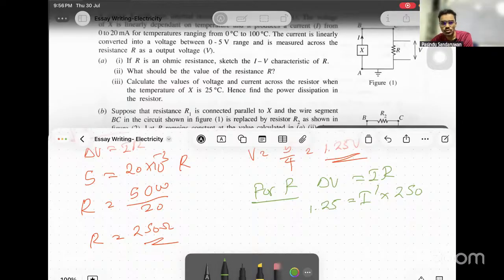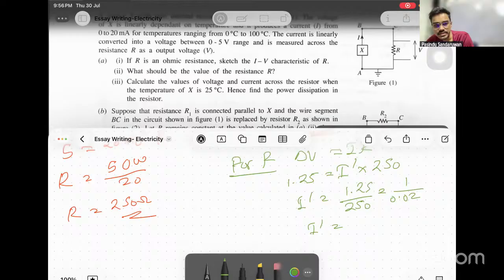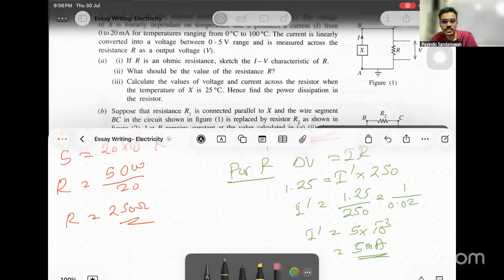Then I dash equals 1.25 over 250. Then this is 0.005, which is 5 times 10 to the power minus 3. Right? Then current is 5 milliamperes.